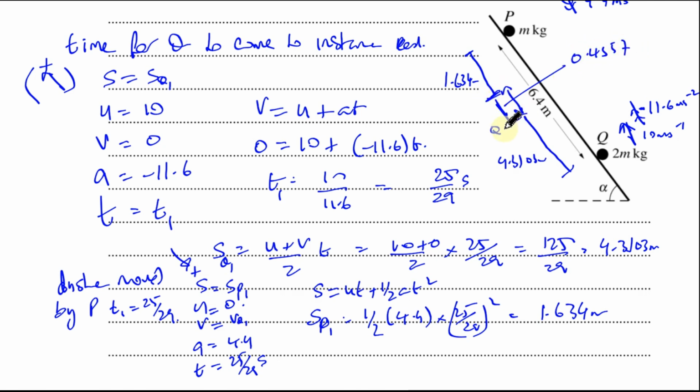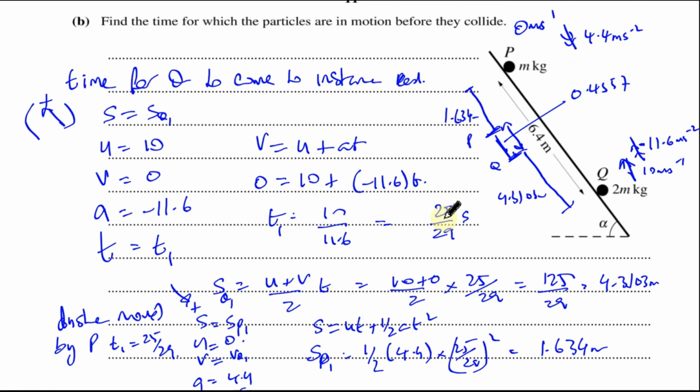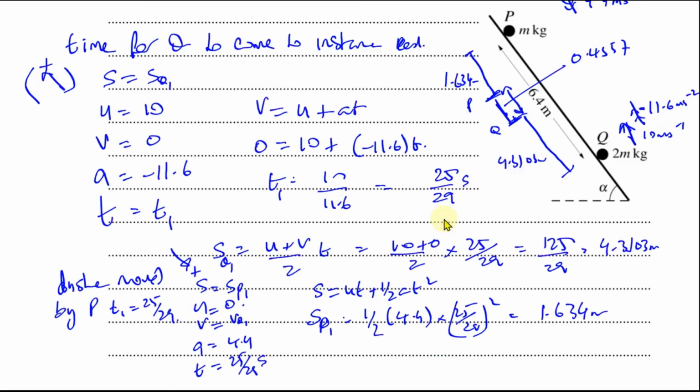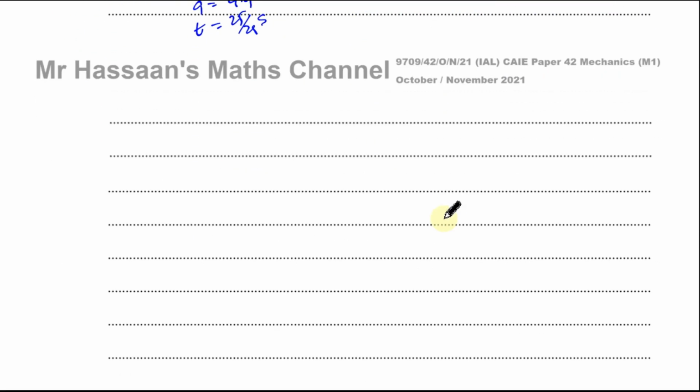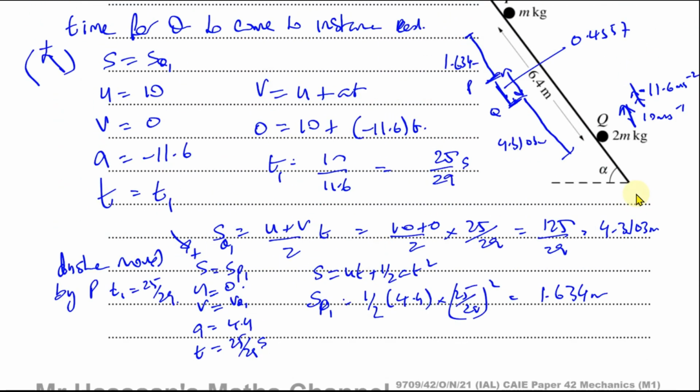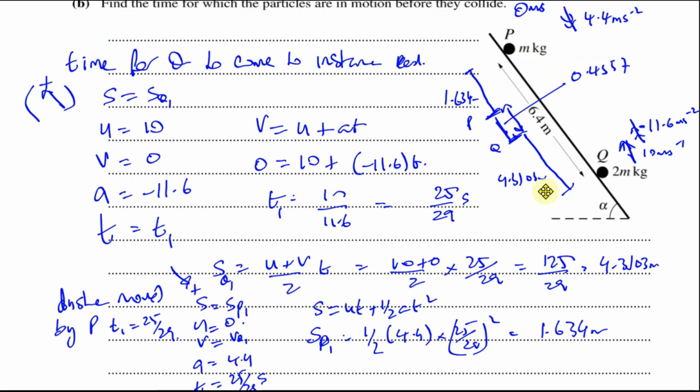That's the distance between them at the point when Q comes to rest and P has reached there. Okay, so now we can try to work out what happens in the time that they're going to collide. We've worked out that Q is going to come to rest and then fall down again before P collides with it.